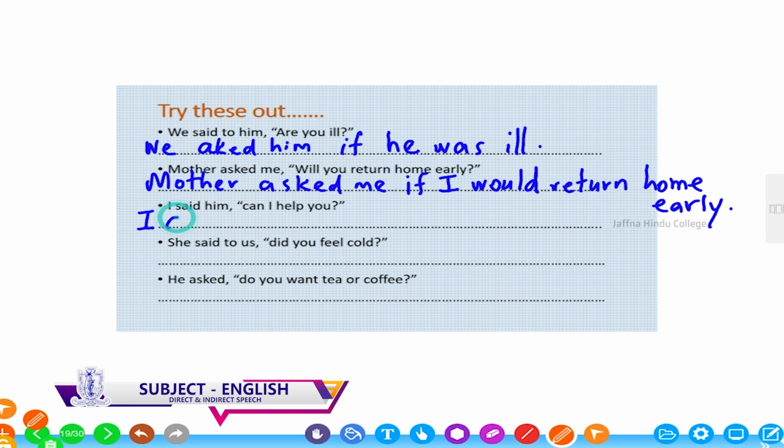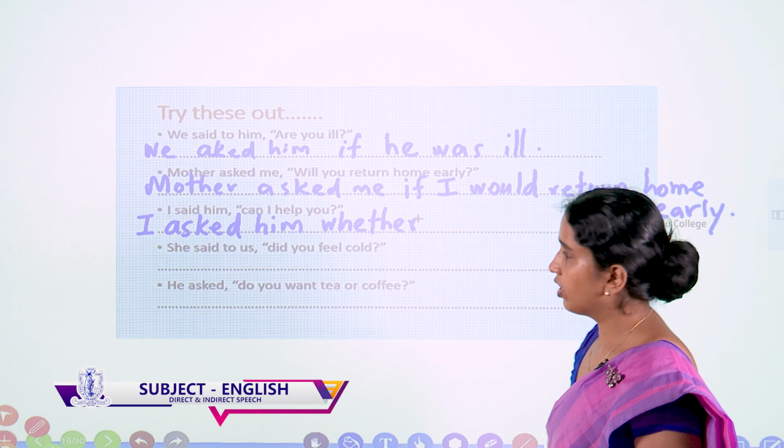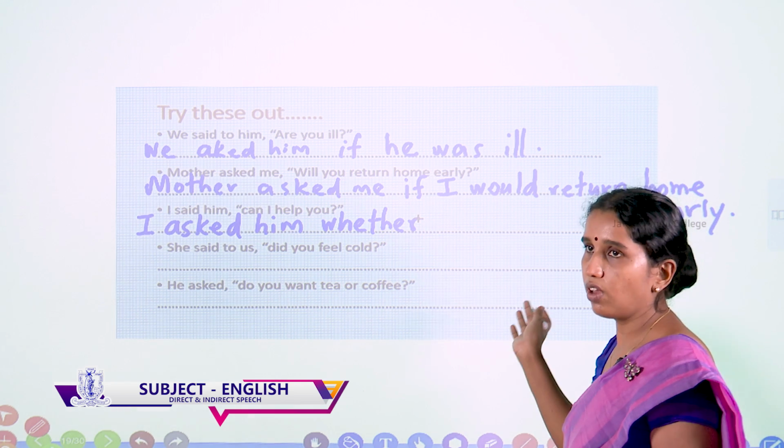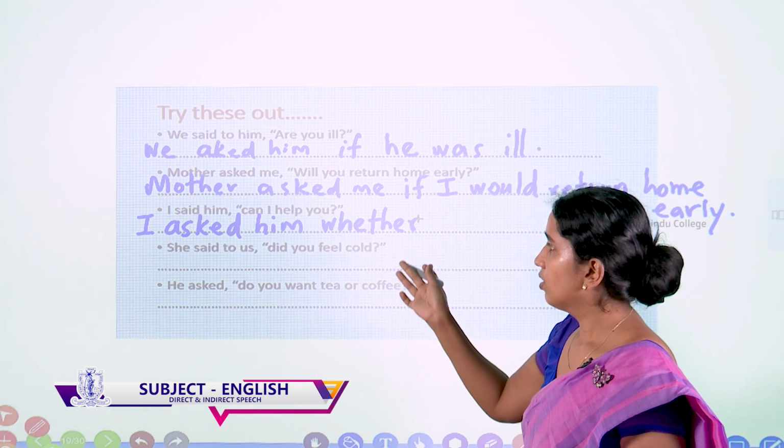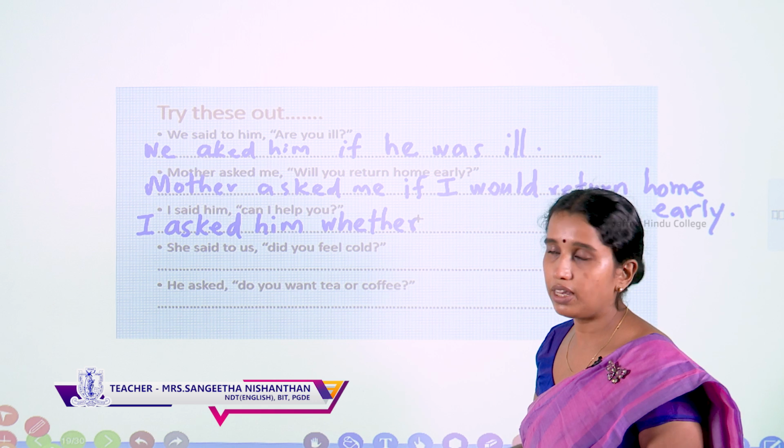The third one. I asked him. Here I asked him. If or whether. Whether. The auxiliary can goes after the subject I. This question is asked by me.